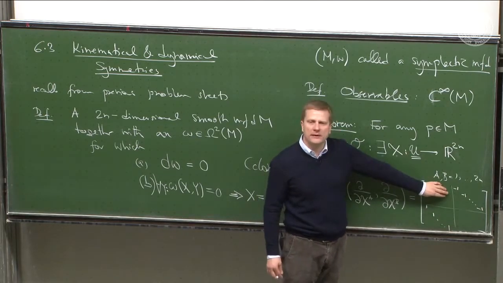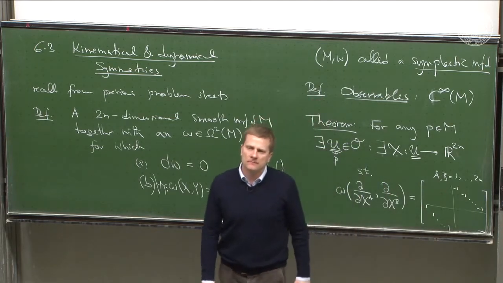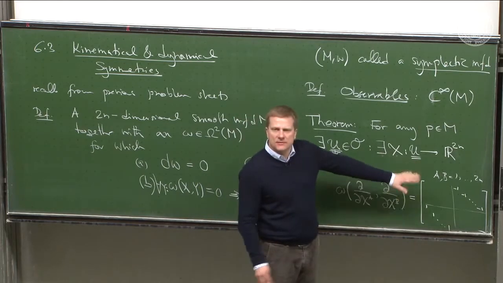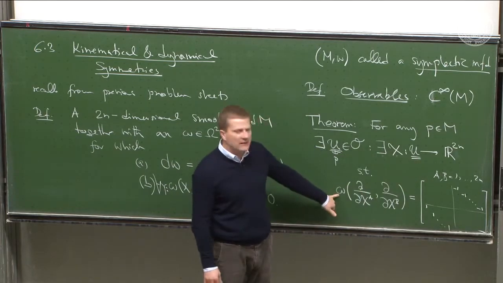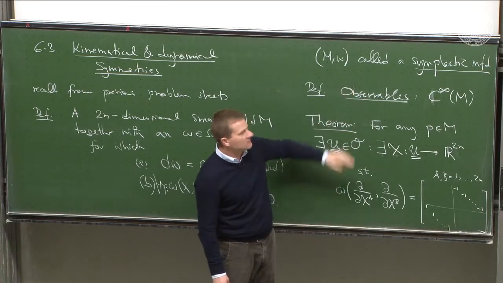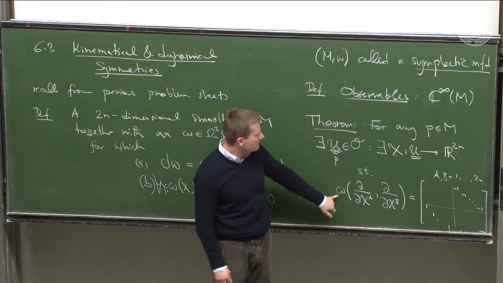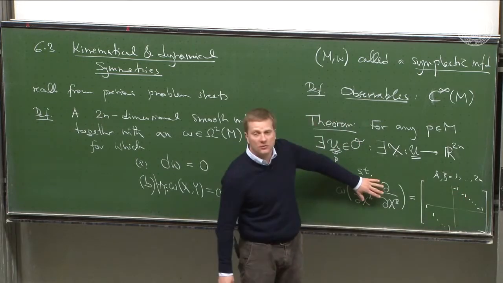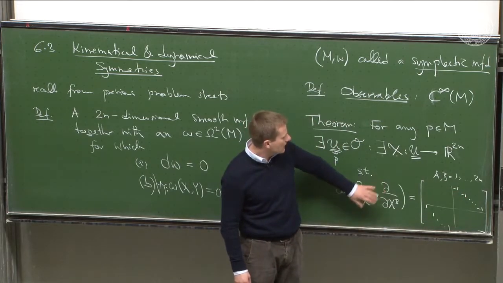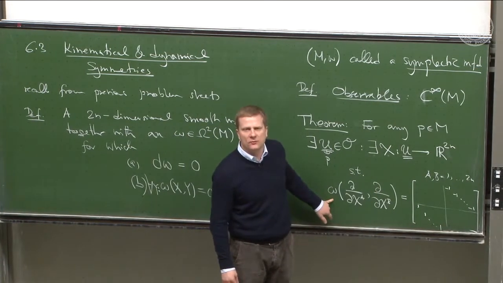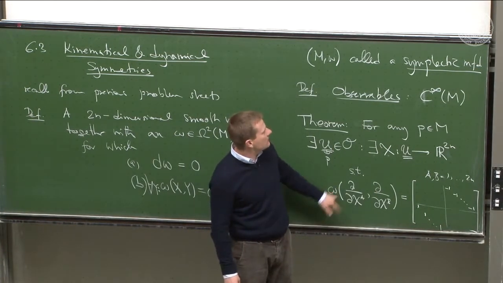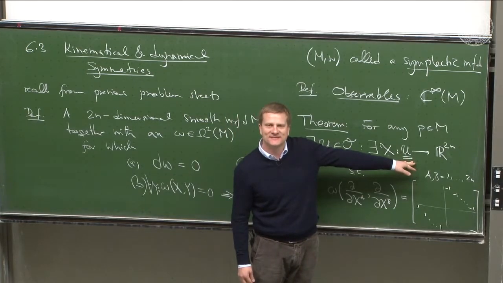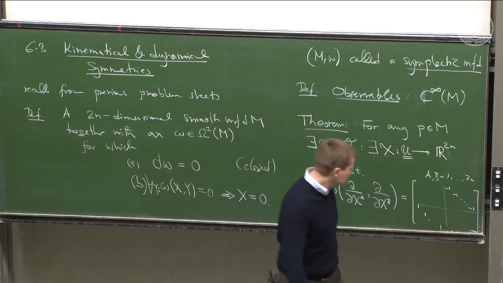You could do this at a point but not in an extended region. And whenever there is a coordinate system in an extended region such that the geometric structure you have, that's a tensor field you equip the manifold with, has constant components with respect to a coordinate system, then we call the manifold flat. So one statement here could be that a symplectic manifold is locally always flat.